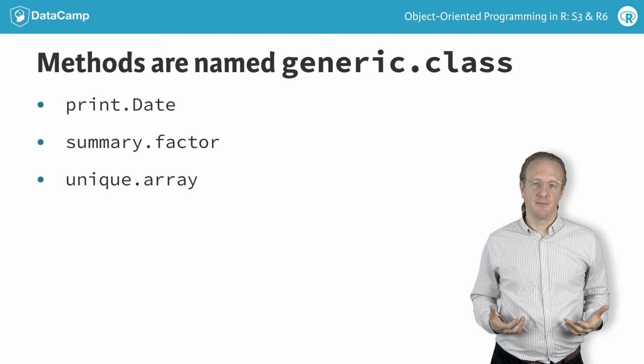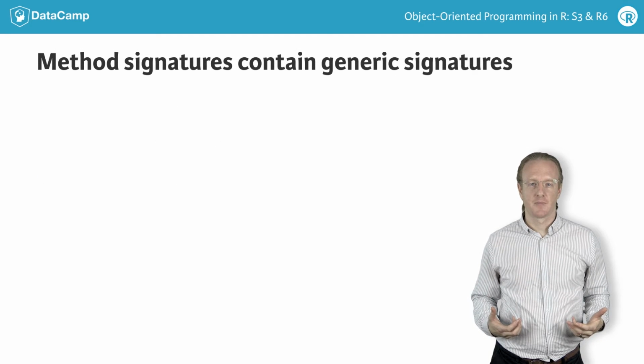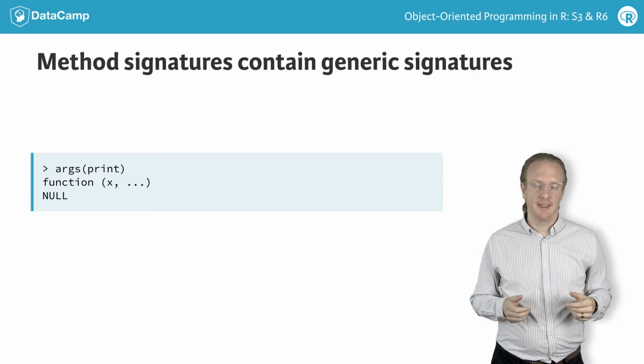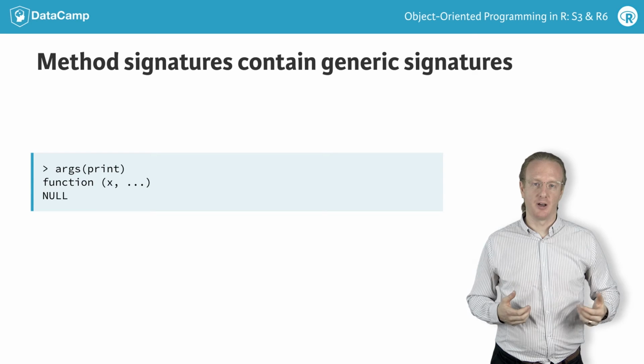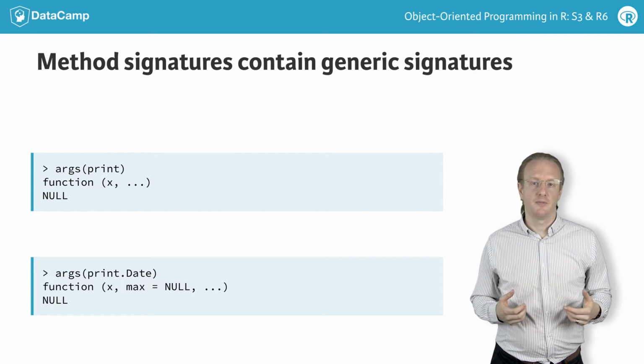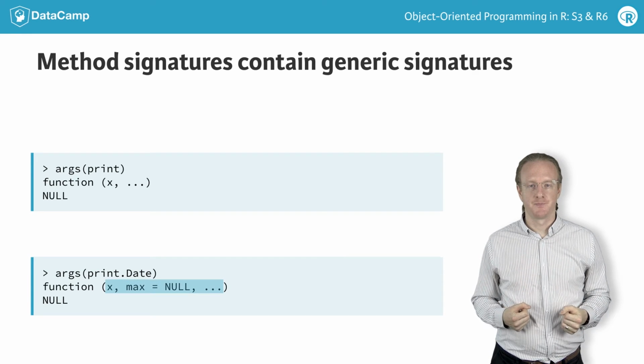Secondly, the arguments to the method must include all the arguments to the generic. For example, the arguments to print are x and the ellipsis or ... argument. The arguments to print.Date are the arguments to the generic with an extra max argument.